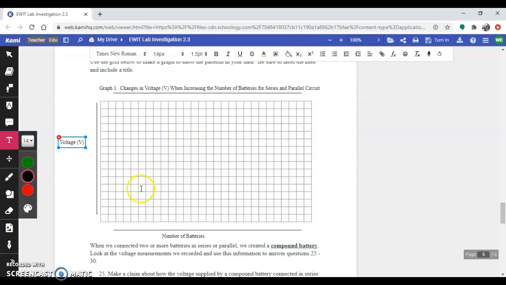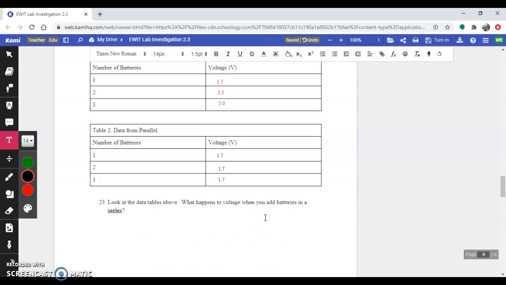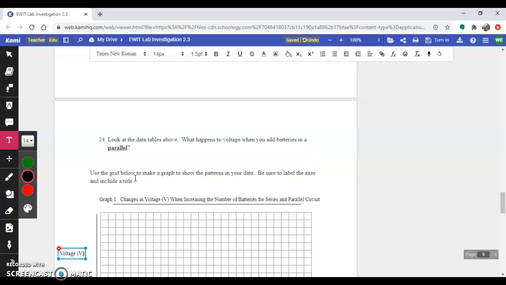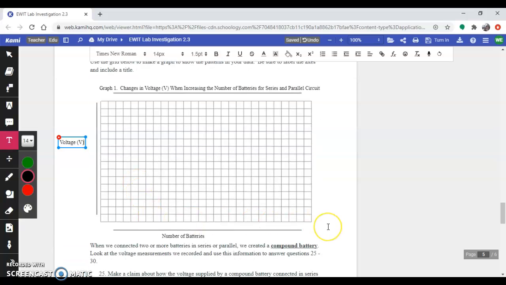Okay, now we need to put numbers on our graph. So we had a total of 3 batteries, so we need to put 3 marks on here. Well, I already counted it for you. There are 28 lines. Well, 27 is divisible by 3, and so 27 divided by 3 is 9.